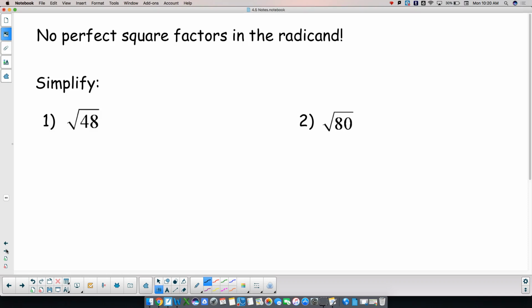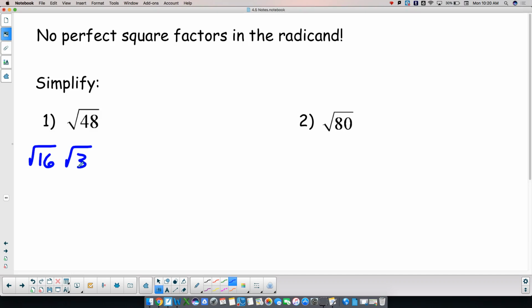One way of doing this is to look for the biggest number on that list that goes into the radicand that you have, if it's a square root. If it's a cube root, we'll get to those on Friday; I'll give you the cubes, 1 to 10. So one way of doing this is you could see that 16 goes into 48 3 times.